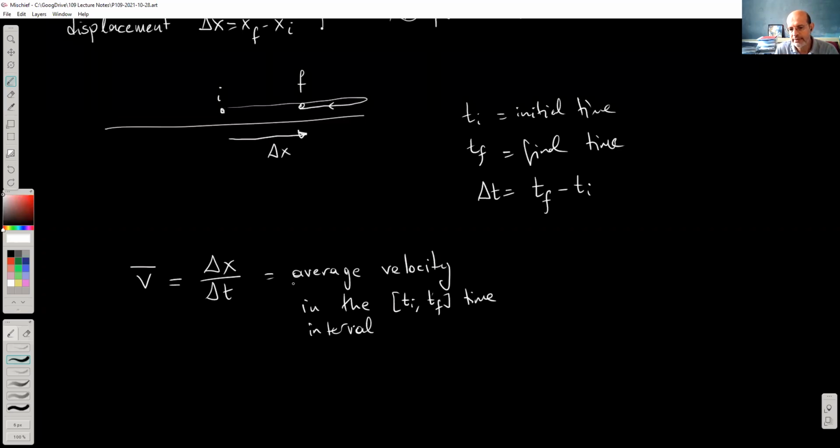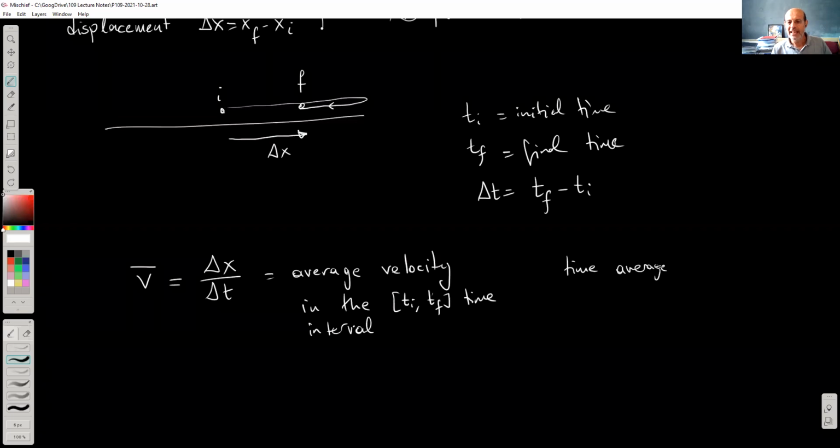And in that case, some of you might be wondering what kind of an average this is. Let me just say that this is actually a time average, which means we're going to define the instantaneous velocity in a moment, but let me just say it like this.